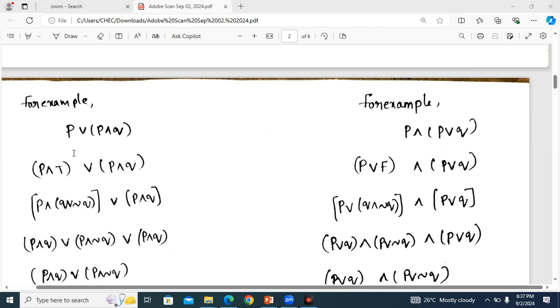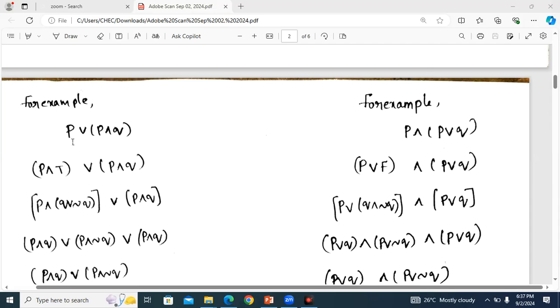Why do we replace P with P and true? Because P alone is an elementary product, not a min term. A min term consists of the variable or its negation for each of the given variables.